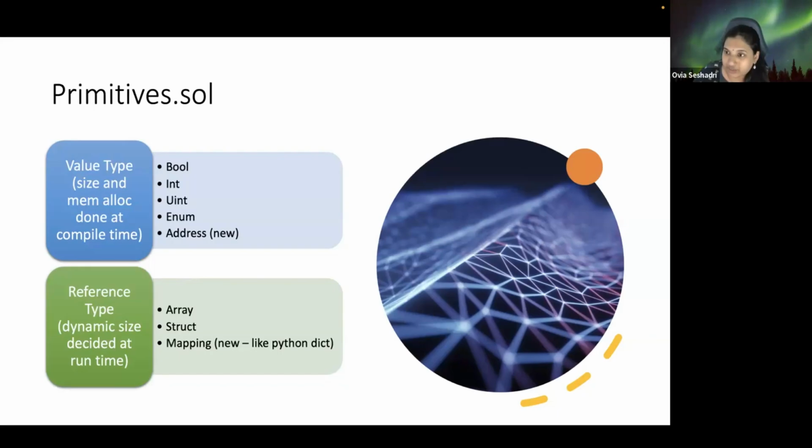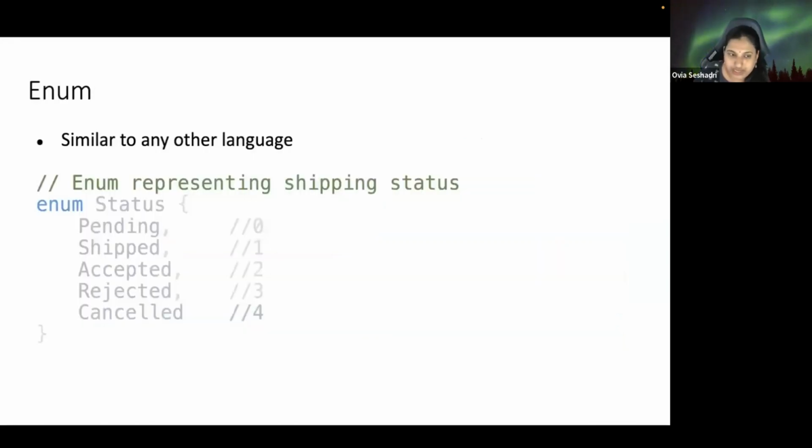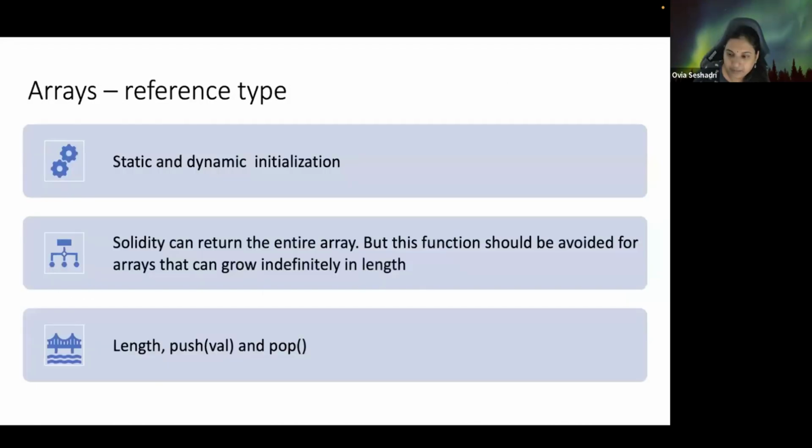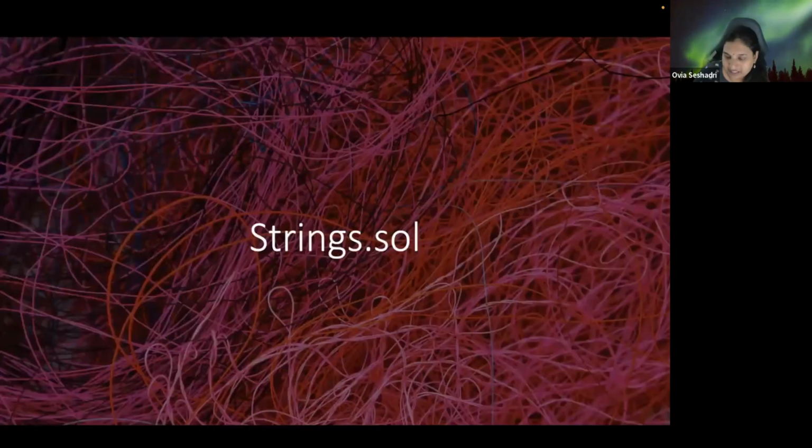All of these are value types, and we saw examples of all of these in contracts. In address type, we saw that there are two types, address and address payable. And the reference types, which are dynamically allocated, are array, struct, and mapping. We briefly went into contract examples also. So I will just recap some of the reference types.